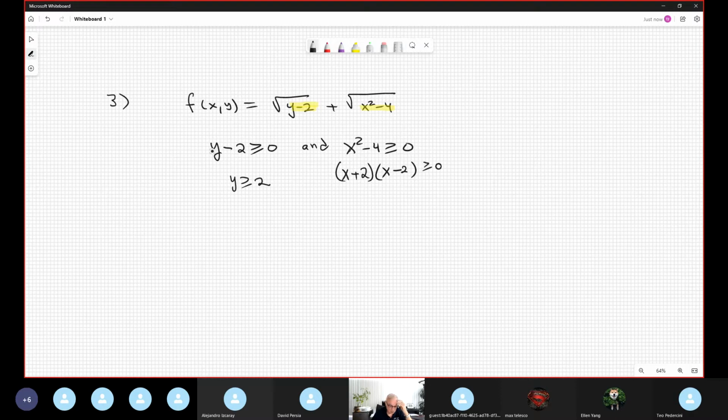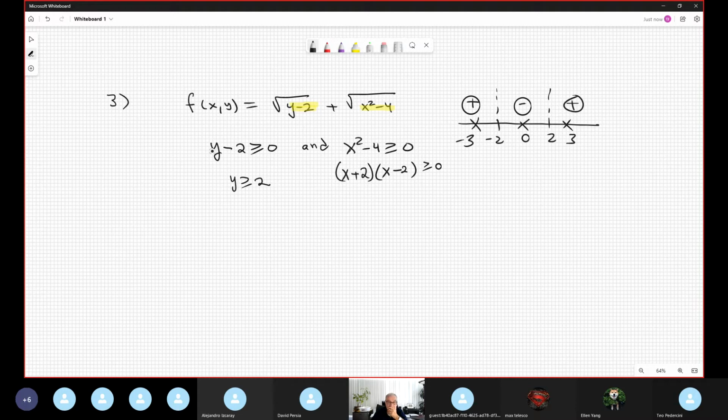Here I discovered, using the change of sign method, -2 and +2, and you evaluate, for example, at 0, at 3, at -3 and +3, and you determine that this is positive, this is negative, and this is positive.